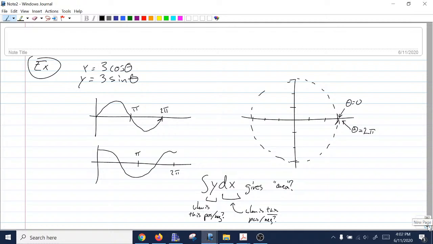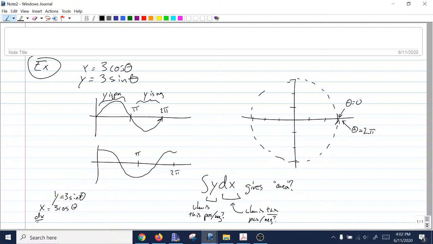dx is the derivative of x. In this case, y is 3 sine theta. I know it is positive up until pi. And I know y is negative after there, from pi to 2 pi. x is 3 cosine theta.